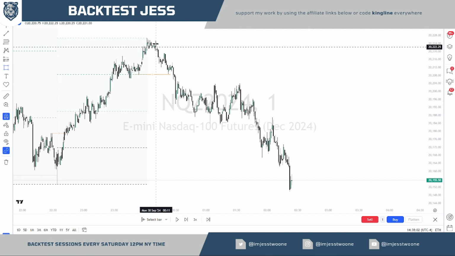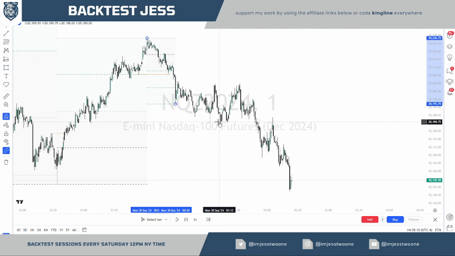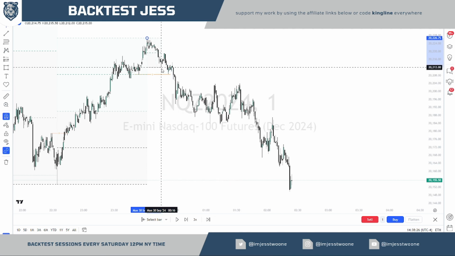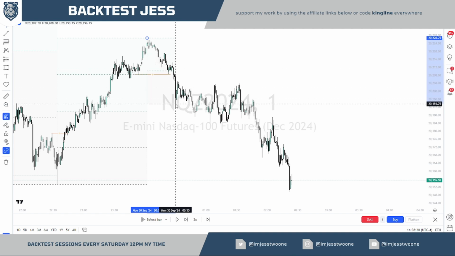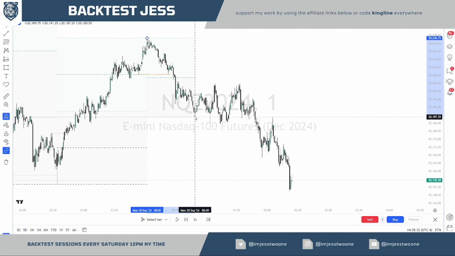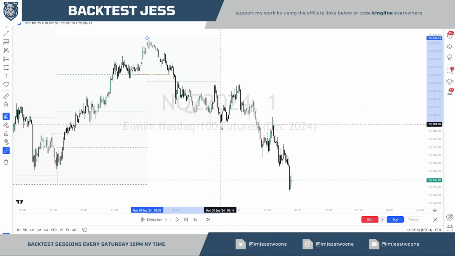And now here I'm going to follow this range. So no retracement into premium so far. No retracement into EQ, no retracement into EQ, no retracement into EQ.